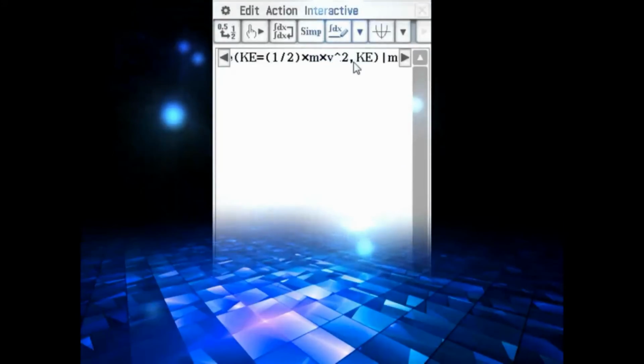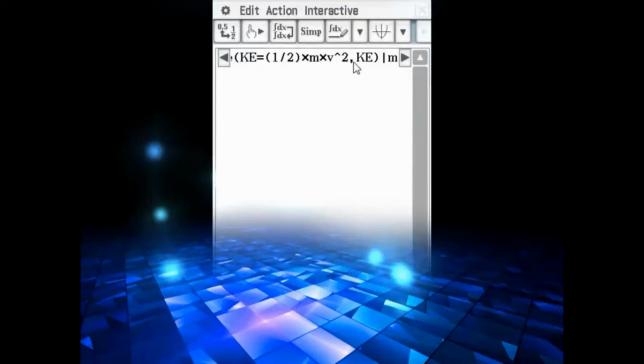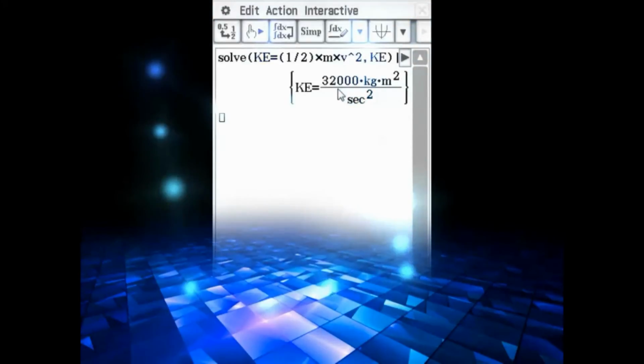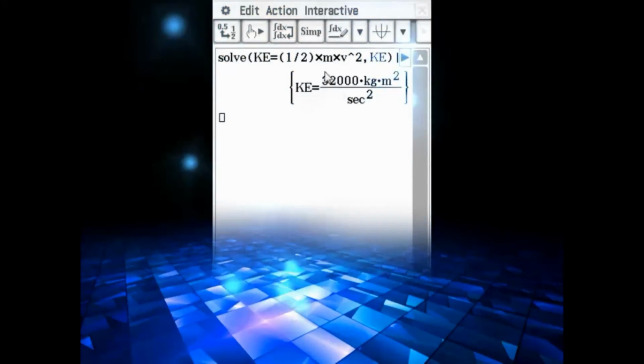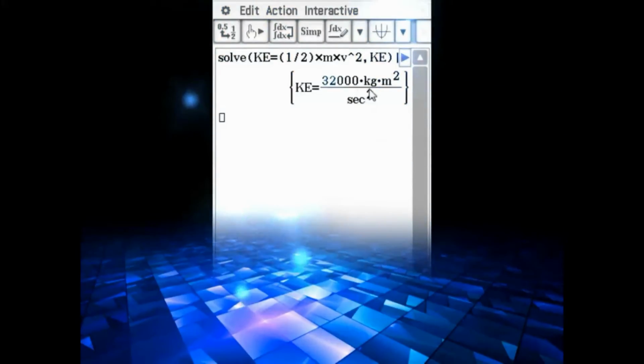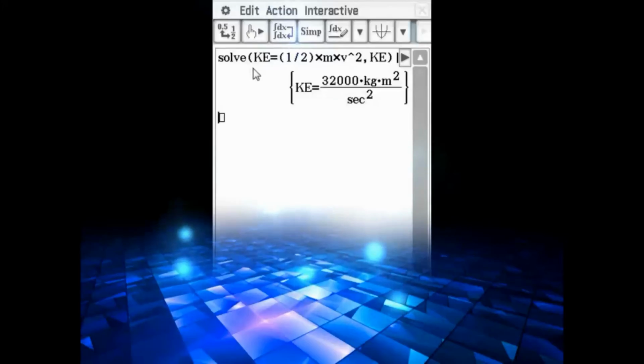Going on with our calculation, when we press the execution key and we get the result, kinetic energy equals 32,000 kilogram meters squared per second squared, or 32,000 joules.